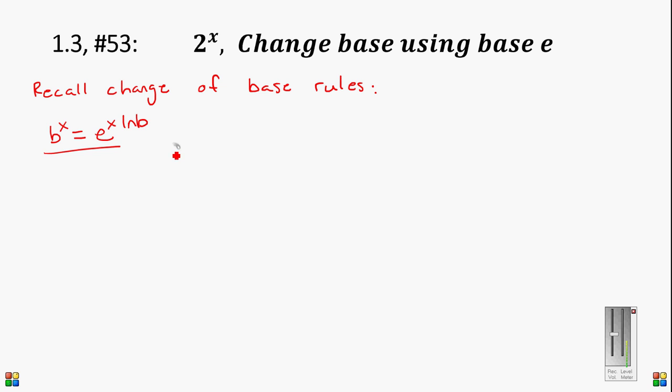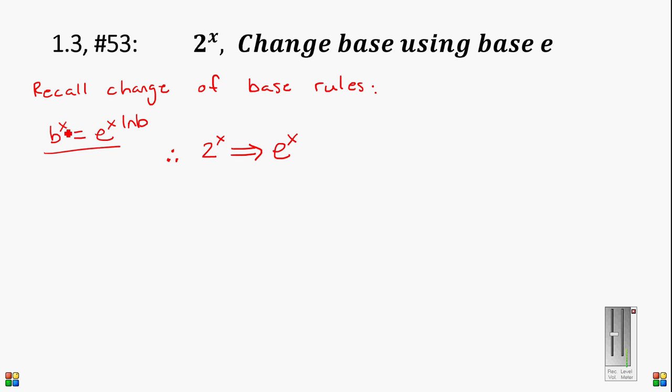So therefore, these little three dots here mean therefore, a little triangle of dots. Therefore, 2 to the x is actually fairly simple. 2 to the x becomes e to the x natural log of b, where x is whatever this exponent was.